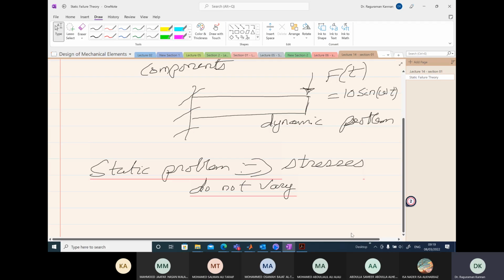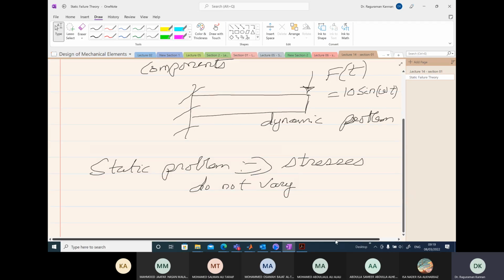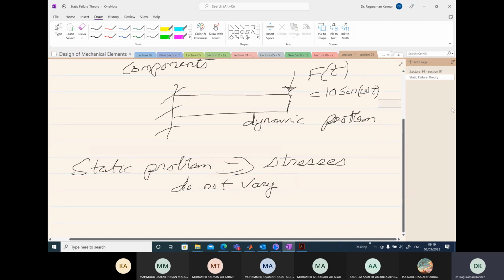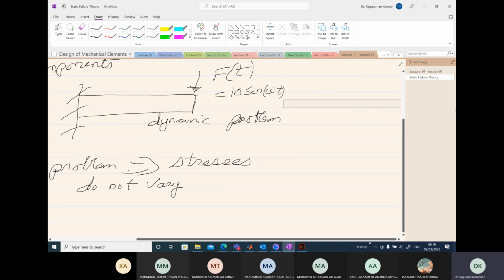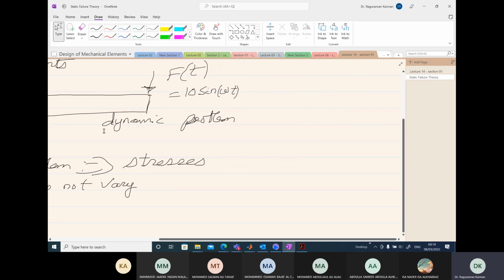For example, I can take another case of a dynamic problem, where you have a shaft, and the shaft is rotating, but the load is the same. The self weight of the shaft is always acting downward, right?